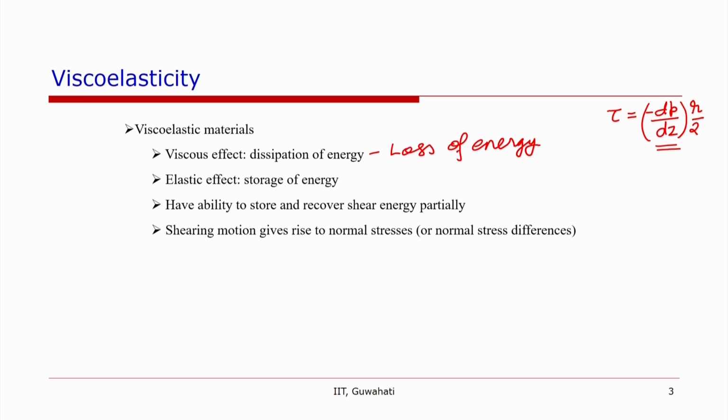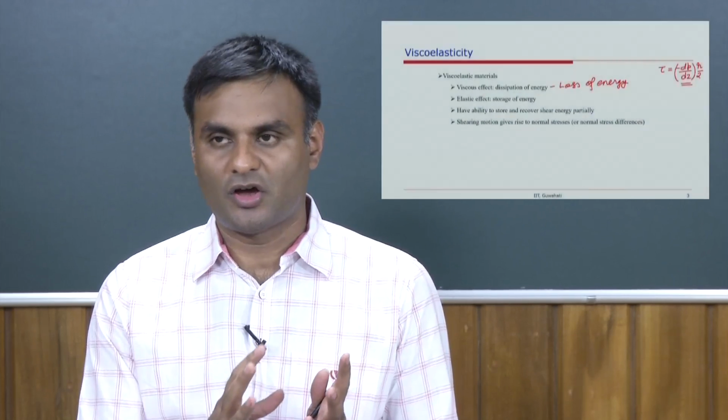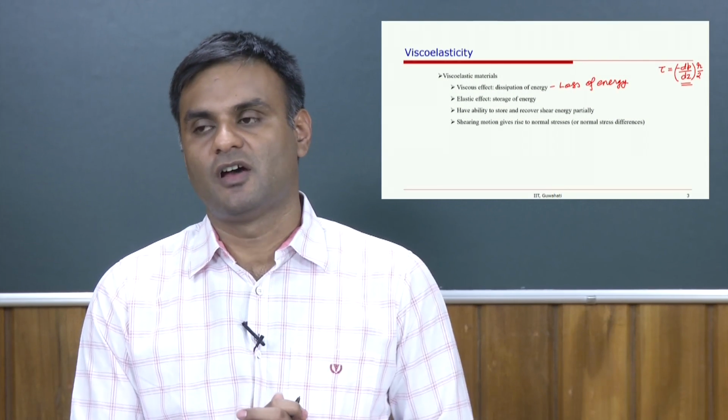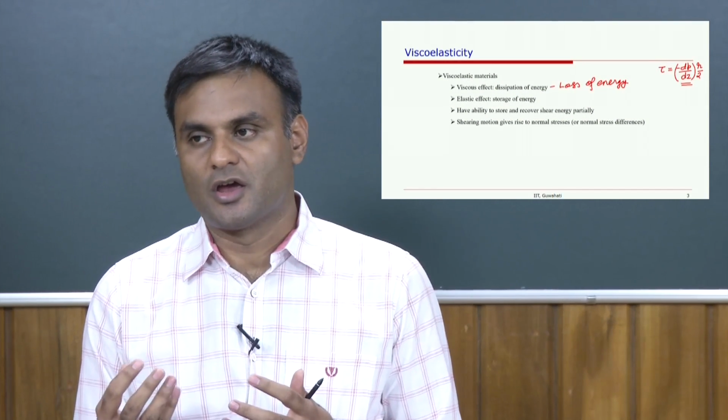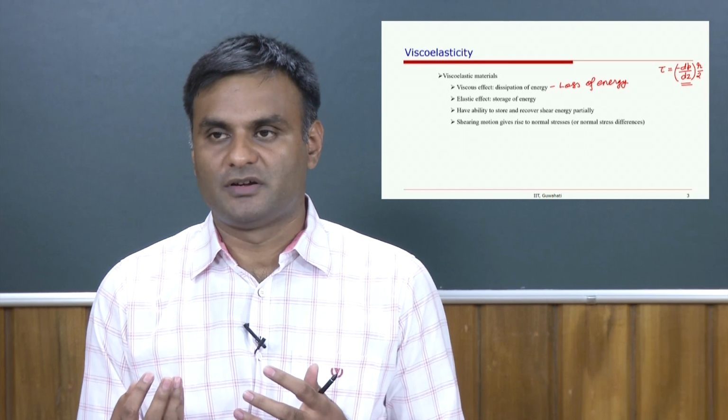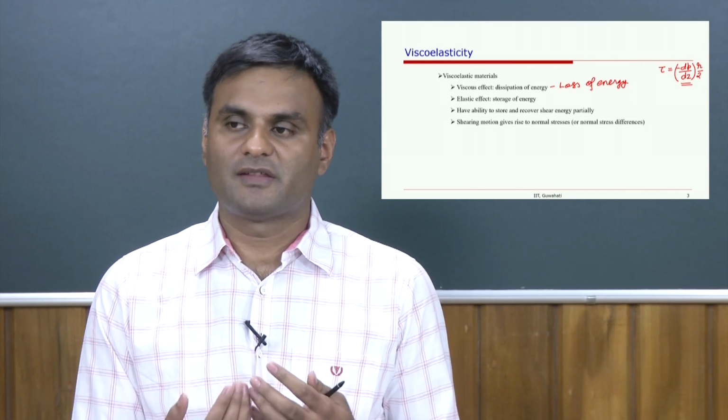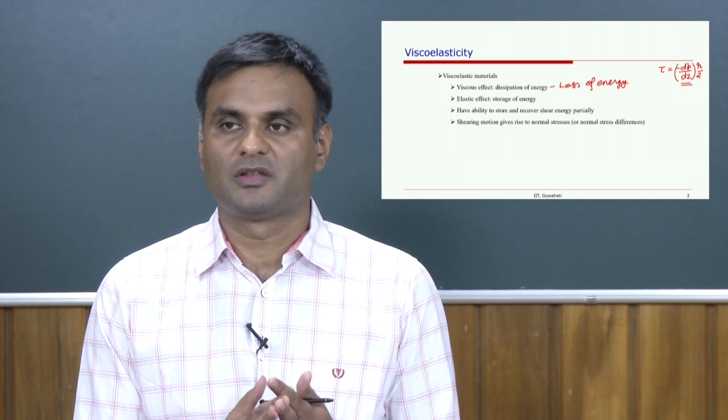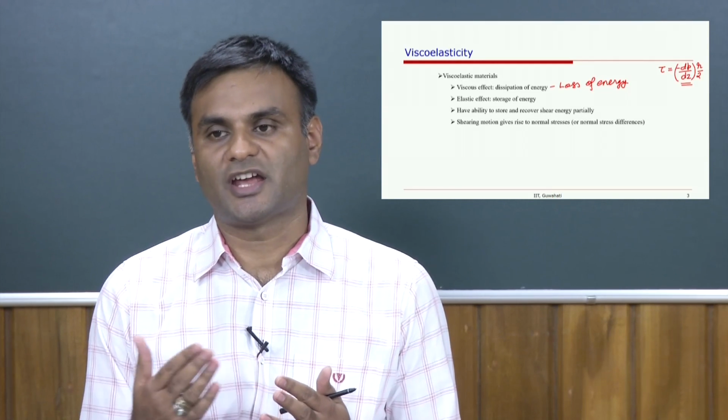When stress is applied, some part of the energy is lost to overcome the viscous effect, and some part of the energy is stored by the fluid. So, depending on where the energy is going more, the fluid will show that kind of behavior.